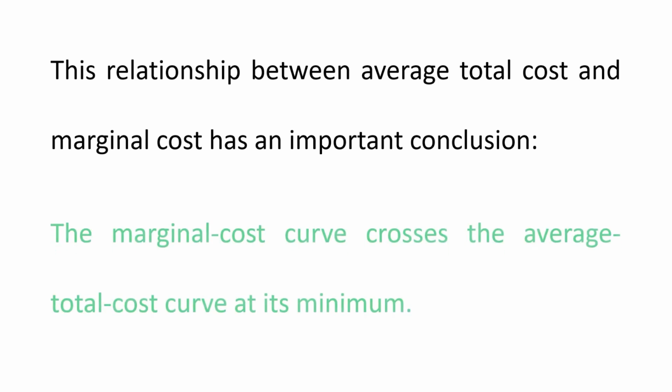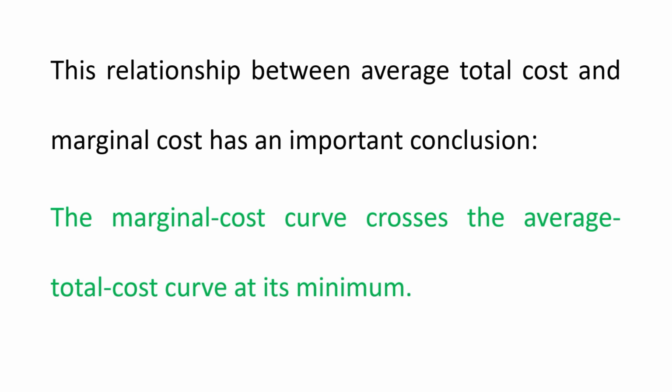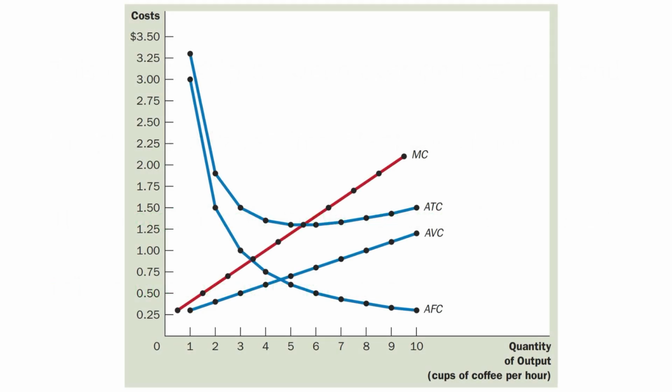That is, the marginal cost curve crosses the average total cost curve at its minimum. तो ये हम फिगर से यहाँ पे देख सकते हैं that this marginal cost curve crosses the average total cost curve at its minimum point. इस पॉइंट पे जहाँ ये दोनों कर्व इंटरसेक्ट कर रहे हैं, at this point MC is equal to ATC, right?